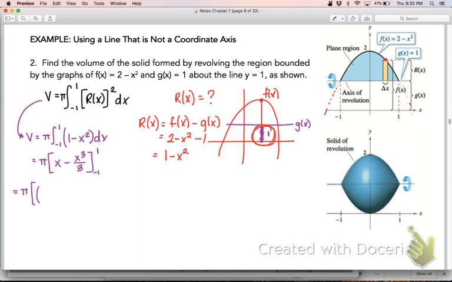We're going to have 1 minus 1/3 minus -1 plus 1/3. So this is going to be 2/3 plus 2/3. We end up with 4 pi thirds for the volume of that particular region.